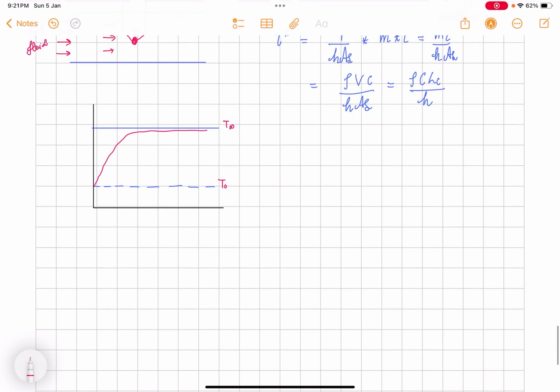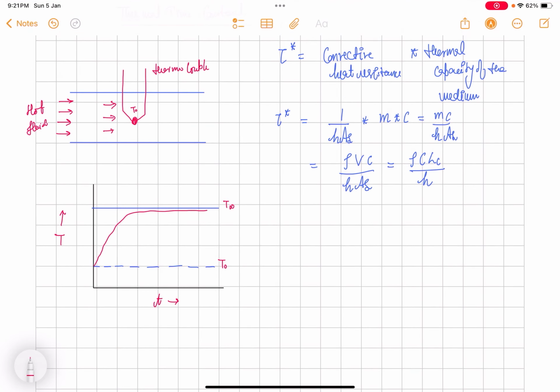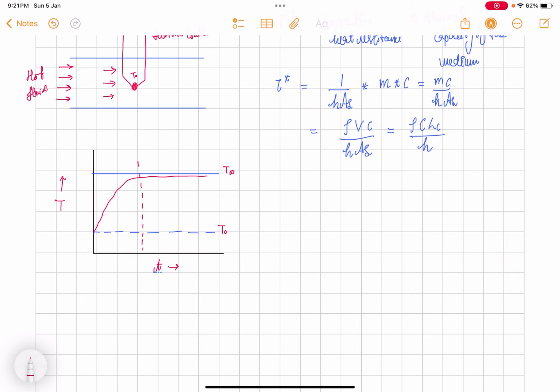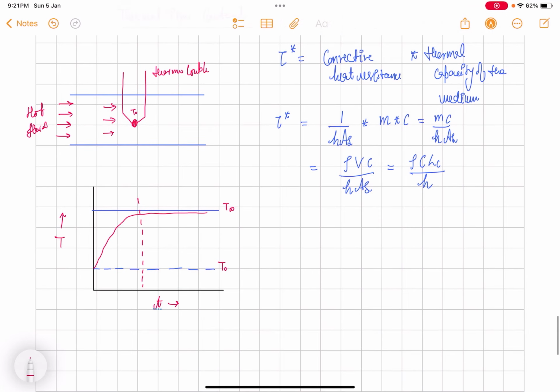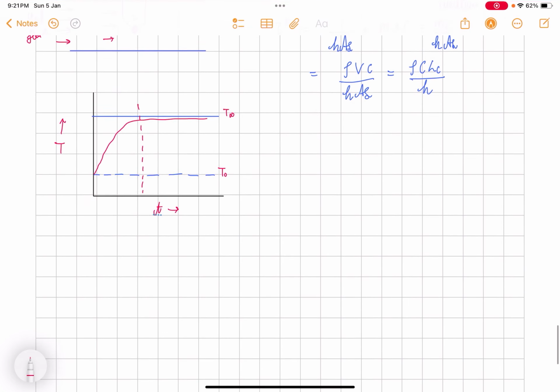On the x-axis is time and on the y-axis temperature. What we are interested in is after how much time we can approximate that the thermocouple has reached the ambient fluid temperature.